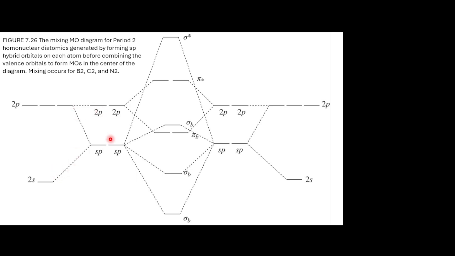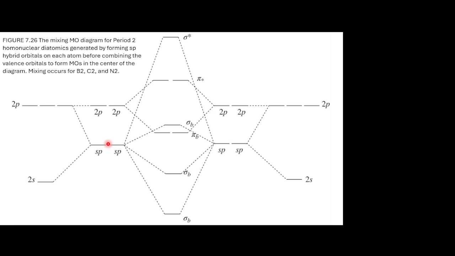All right, so notice here that what we've done is we've hybridized these to an sp hybridization. Can everybody see that okay? We've combined these s and p orbitals, giving us our sp hybrid orbitals right here. If we do that before, what we'll end up seeing is that change in energy from their hybridized orbitals.